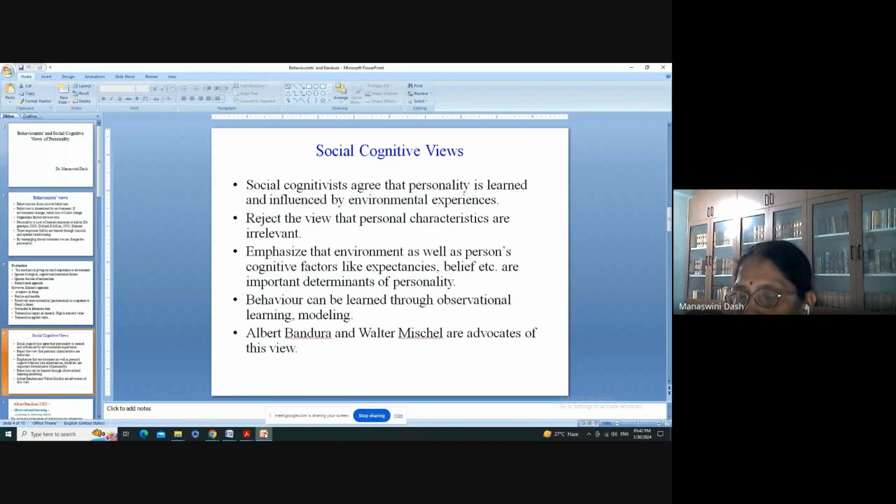Actually, after Skinner, some behaviorists believe that they are right when they say that personality is learned and influenced by environmental experiences, such as reinforcement. But they do not accept Skinner's view that the characteristics of the person are irrelevant in understanding personality.